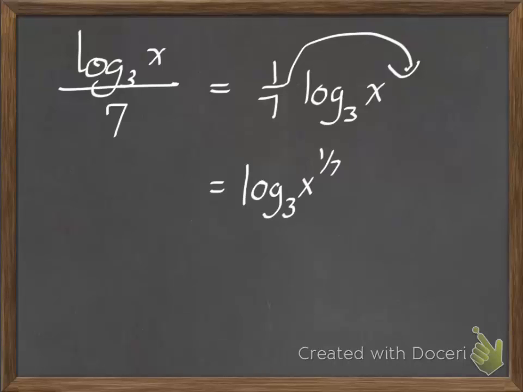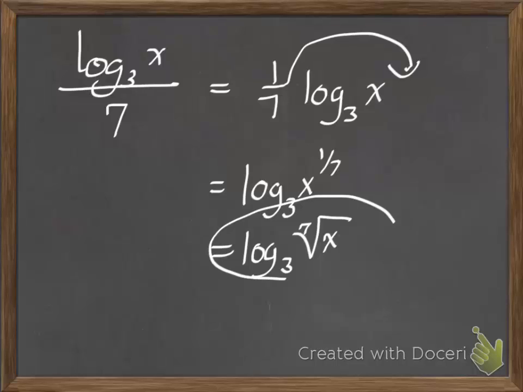We can't leave it in this format because we can't leave a fractional exponent and we can't leave a negative exponent. So what's that fractional exponent going to become? Power over root. 7th root of x. And that's the answer. So there are going to be a few that are a little bit more complicated. But it's learning how to see the pattern of what's there.